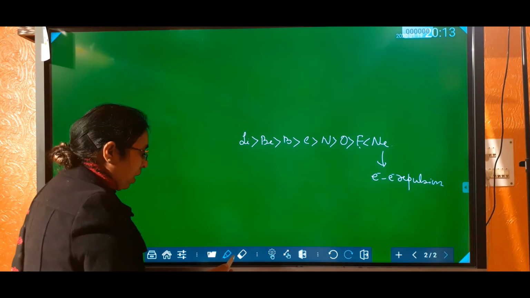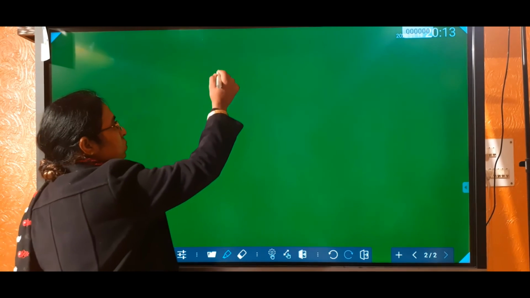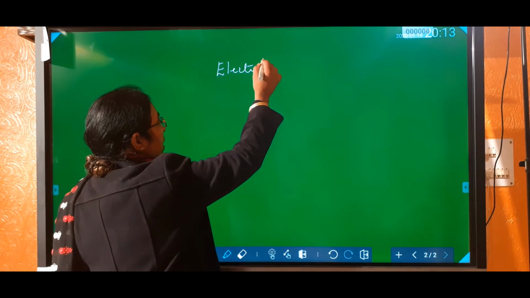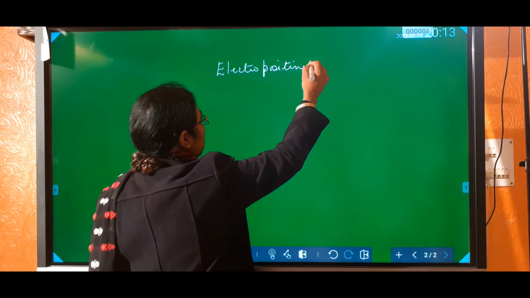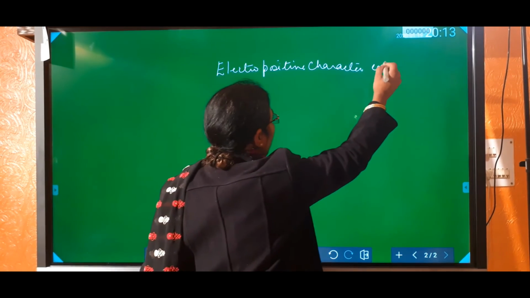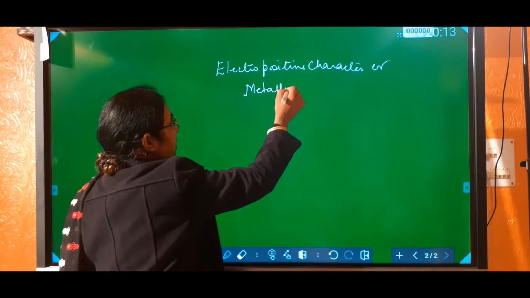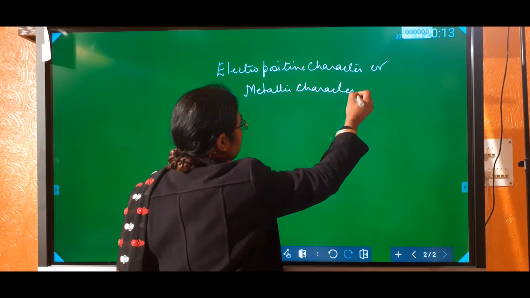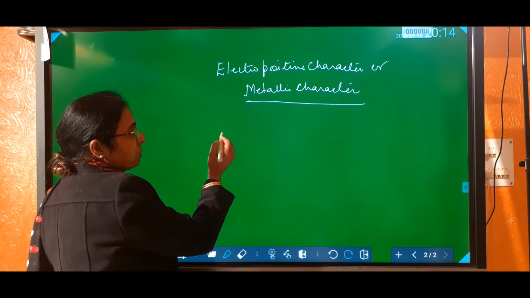Fine. After atomic size, let us come to another property which we know as electropositive character, or we may also call it metallic character. What is this metallic character?